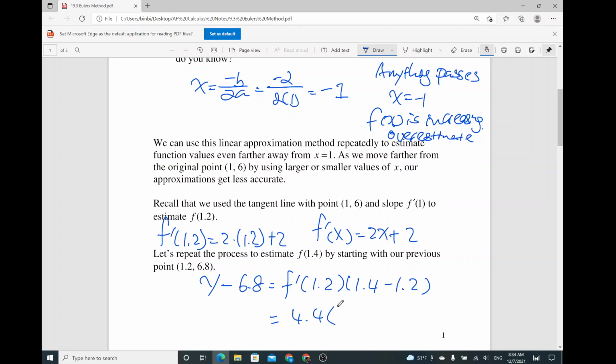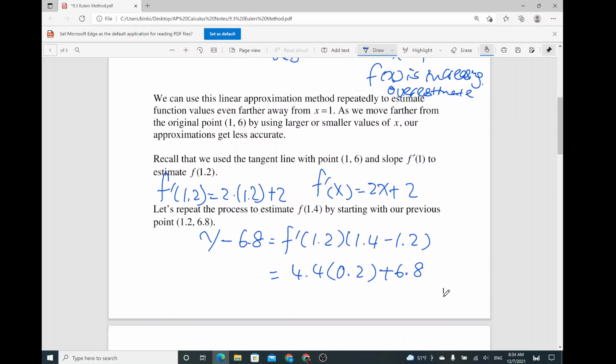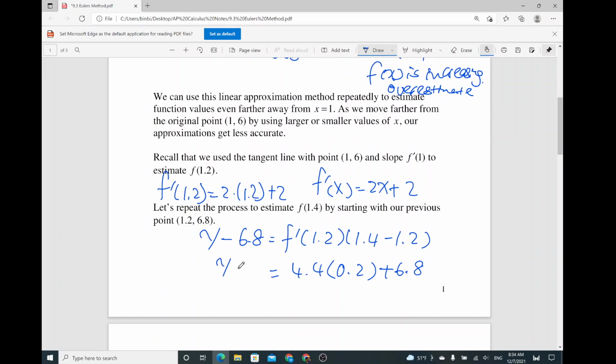So 1.4 minus 1.2 is 0.2, and then 6.8. For y of 1.4, or f of 1.4, because y is just considered f of 1.4, multiply 4.4 times 0.2, which is 0.88, plus 6.8. So then that'll be 7.68.